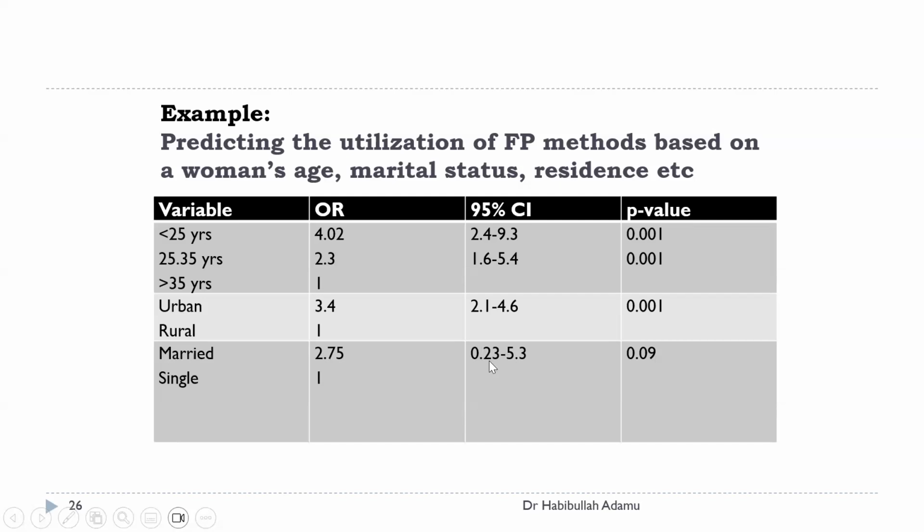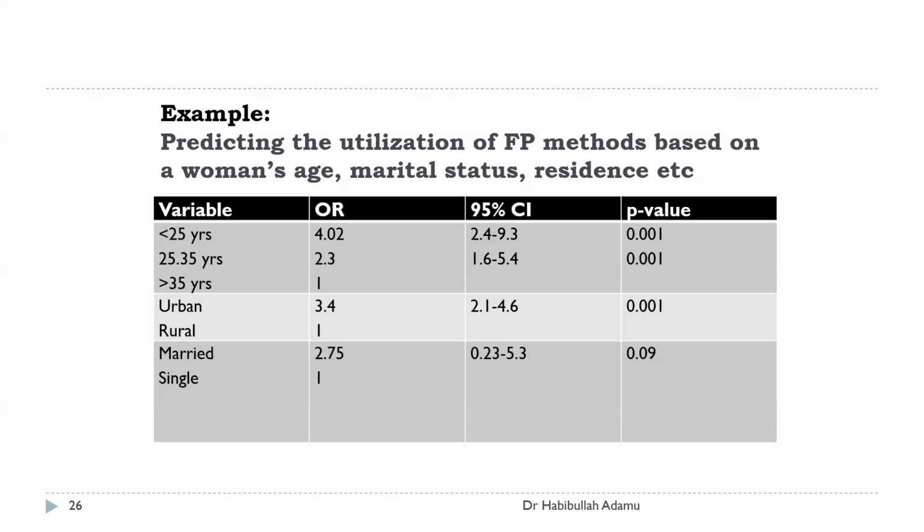But when we look at the second consideration, the null value, this 0.23 to 5.3, that range includes 1, because it's 0.2, 0.3, 0.4, 0.5, 0.6, 0.7, 0.8, 0.9, 1, then 1.1 up to the 5.3. So that means 1 is included in the range. So that means because 1 is included, we conclude that it is what?